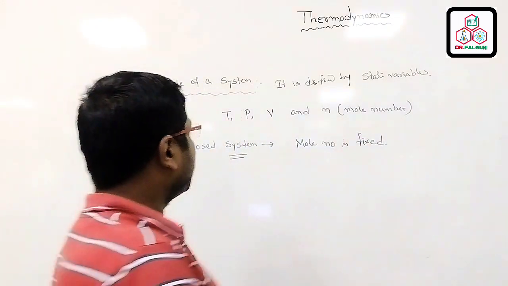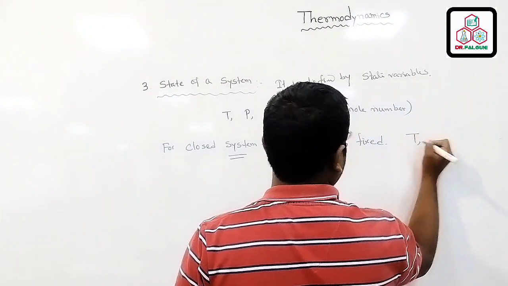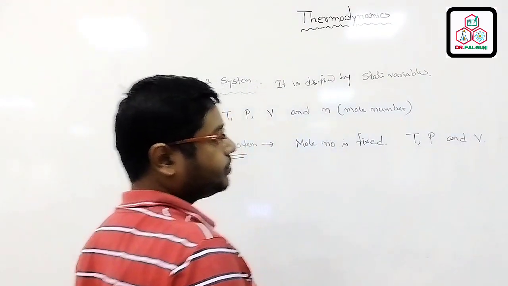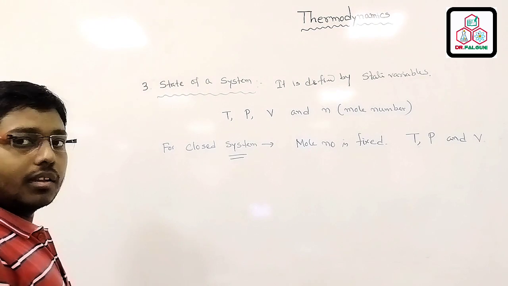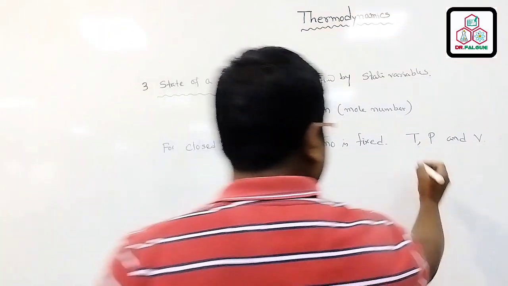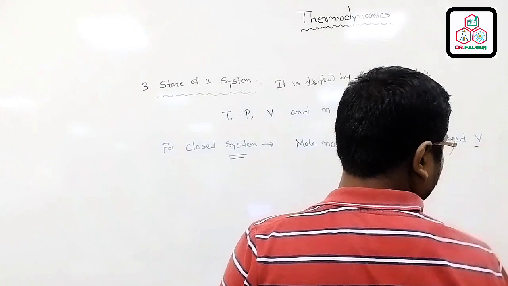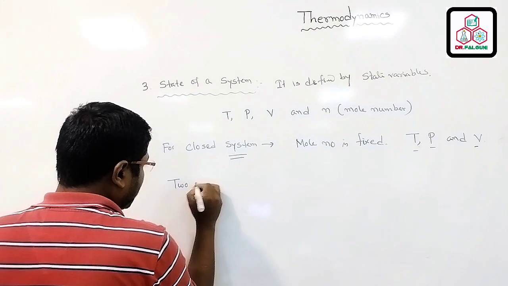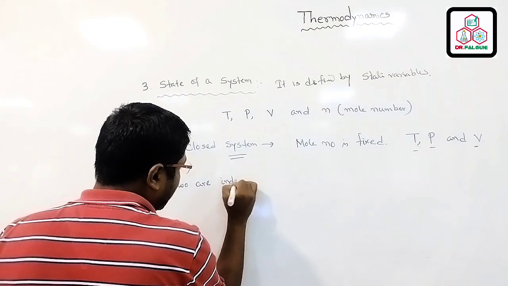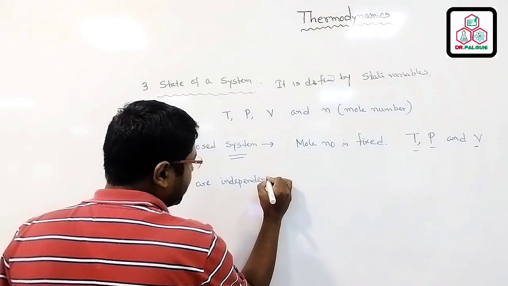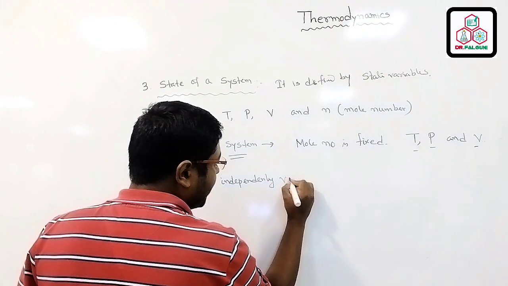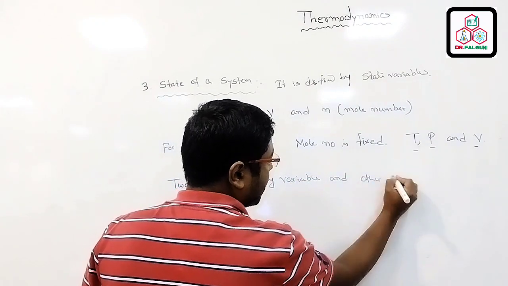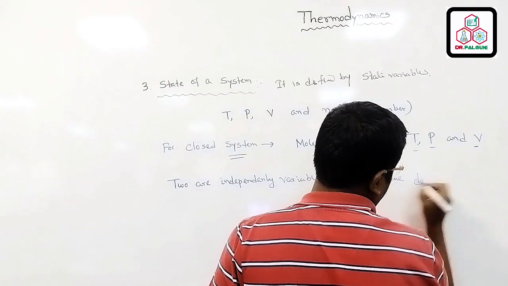So now the state variables are temperature, pressure and volume. Among them, two are independent variables and the other one is a dependent variable.